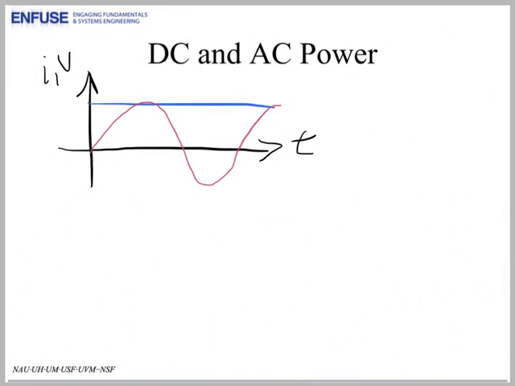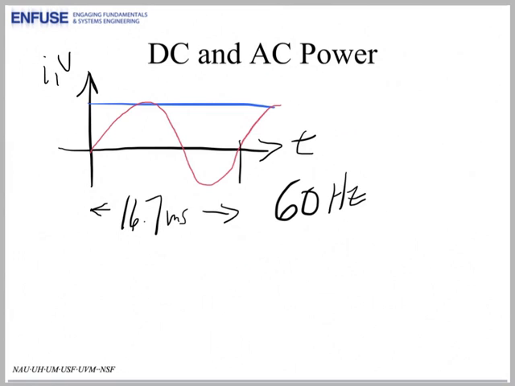In most of the world, the duration of each AC cycle, and here is one cycle, is 16.7 milliseconds. This means a frequency of 60 hertz, or 60 of these cycles per second.